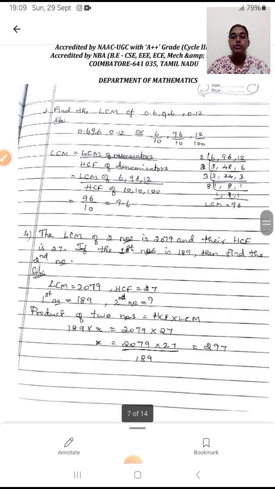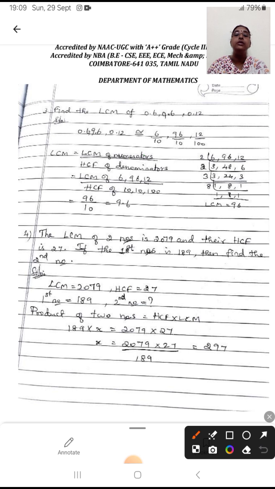In the same way, we proceed with the next formula. If it is given as fractional decimals, please convert them: 0.6 as 6 by 10, 9.6 as 96 by 10, and 0.12 as 12 by 100. Now we have three fractional values. The question is LCM.